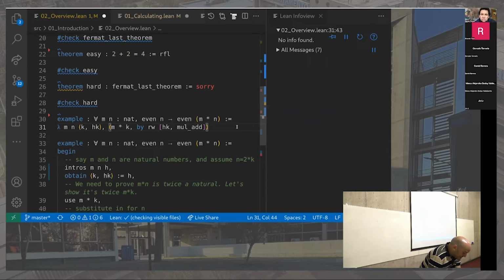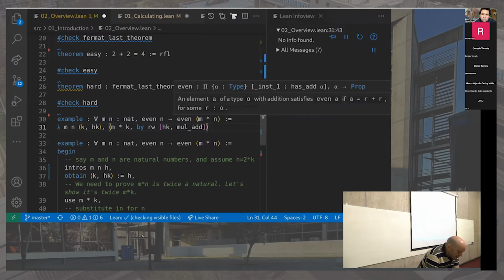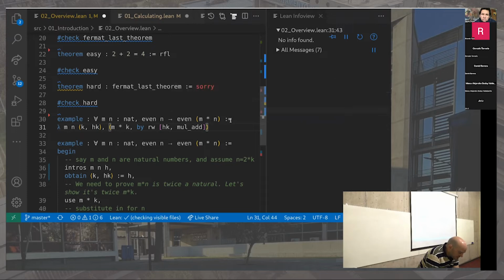So let's see a more interesting proof. I know it's unreadable and it is made on purpose. So let's prove this example that for all m and n natural numbers, if n is even, then m times n is even. So you see, this proof is something that is almost checkable by the kernel.